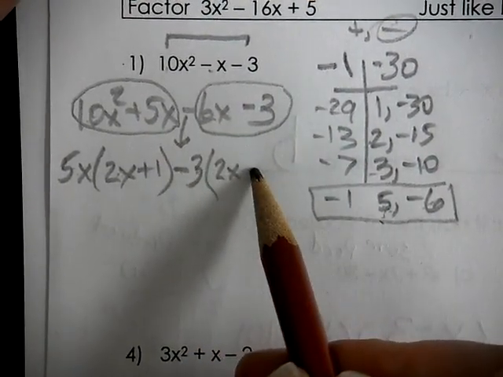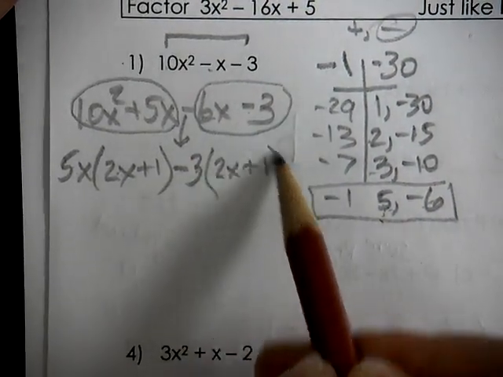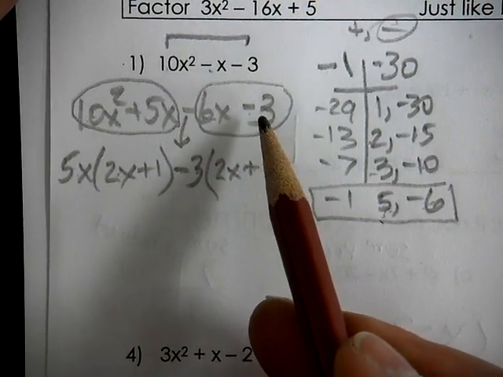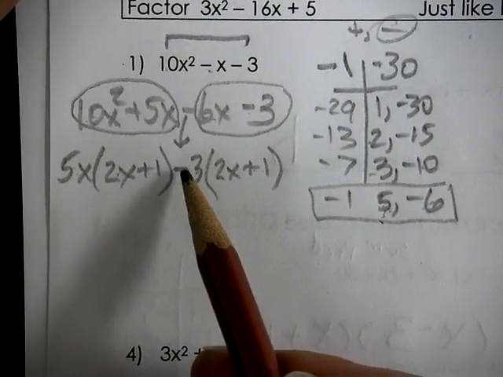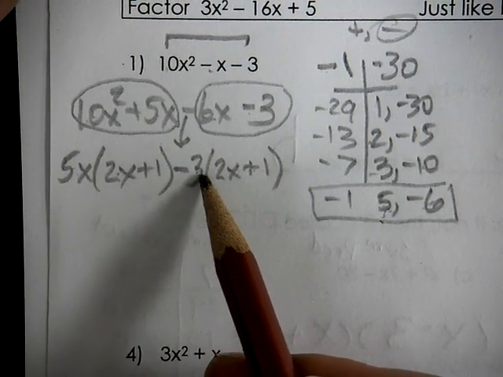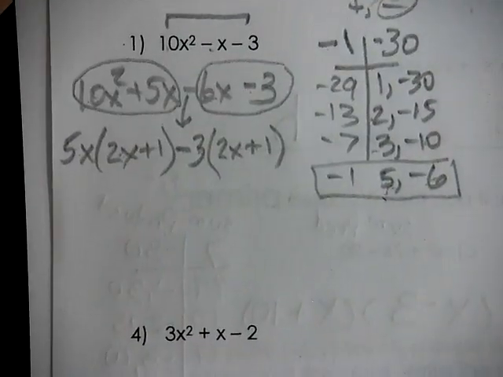Negative 3 times what makes negative 3? Positive 1. A lot of people make a mistake and they call this negative because that's a negative 3. But your negative, don't forget, is part of the question already. So negative 3 times a positive 1 makes a negative 3.